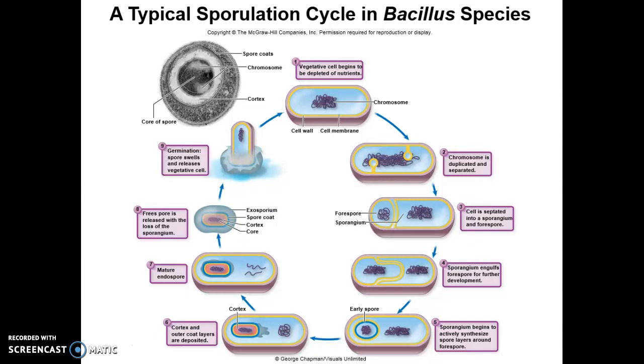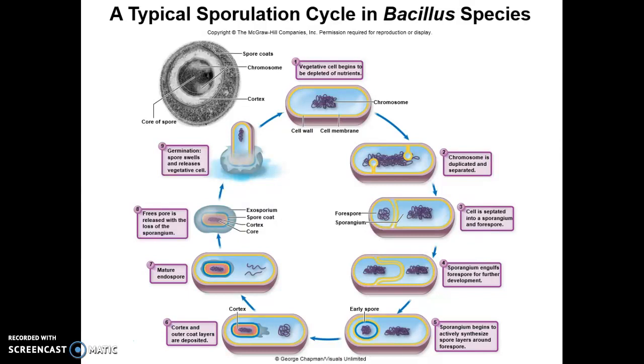And so one vegetative cell can yield 2 vegetative cells if it's undergoing reproduction like normal. One vegetative cell can produce 1 endospore if it needs to create an endospore to save itself, and then 1 endospore can germinate to form 1 vegetative cell.